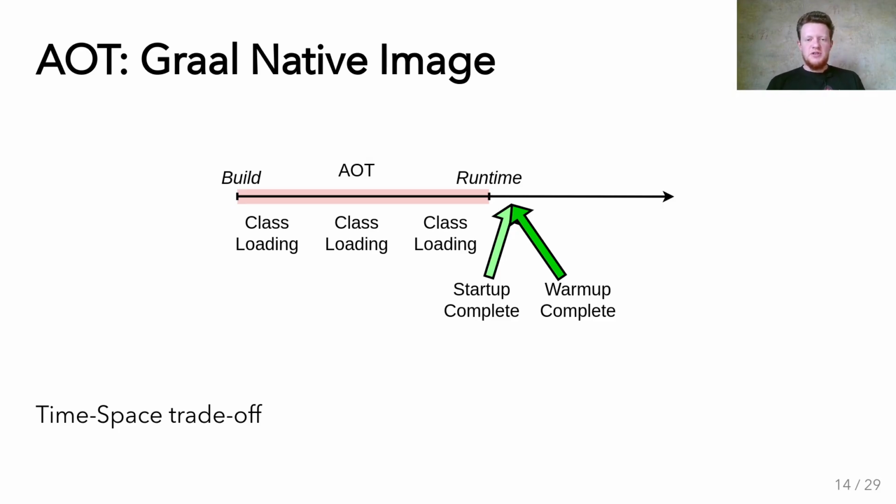Some of the computation still has to be done at runtime as part of your application logic. But the good thing is that once these small remaining things are done, this startup completed point is also the point where warm-up is complete, just because for the rest of the execution, the AOT compiler generates native code that does not need warming up.